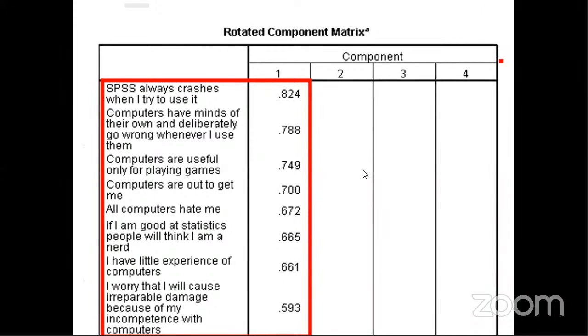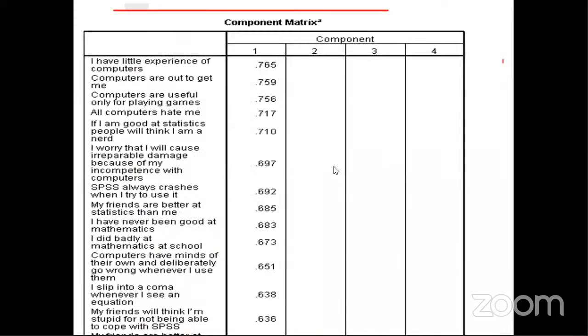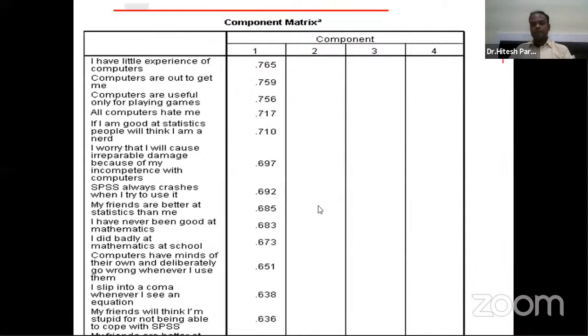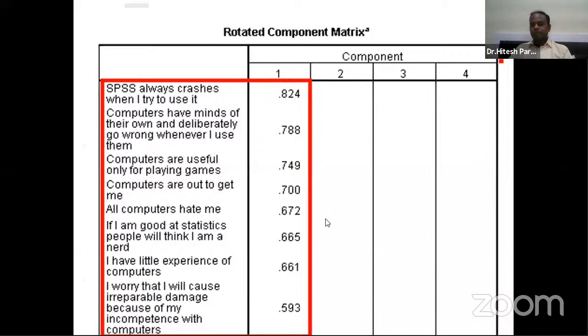Because in the unrotated component matrix, just 3 factors are identified, while in the rotated one, 4 factors are identified. So it is probably more accurate. In the last factor, there is no representation in the unrotated one, it is blank. But in the rotated one, a fair amount of representation of all the factors is observed. So that is the reason.